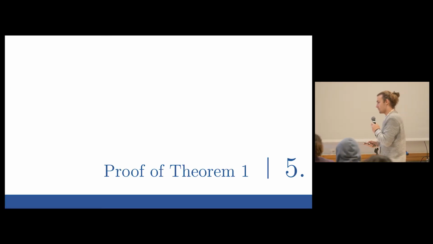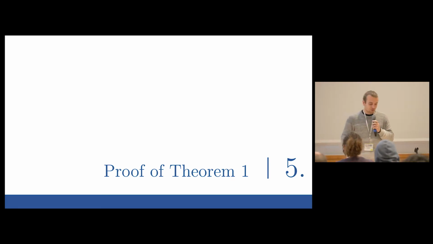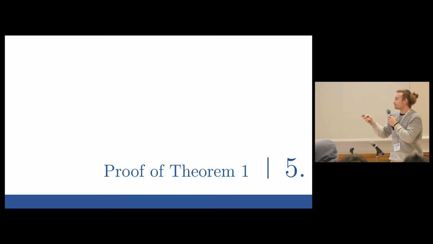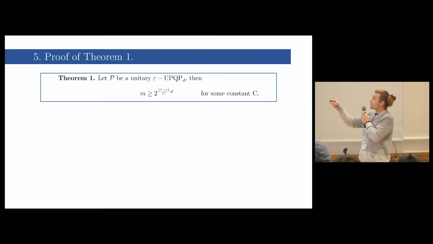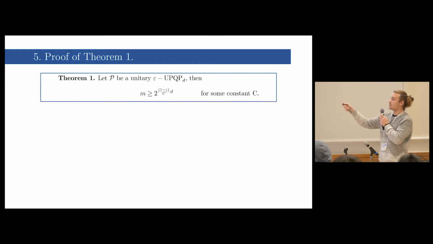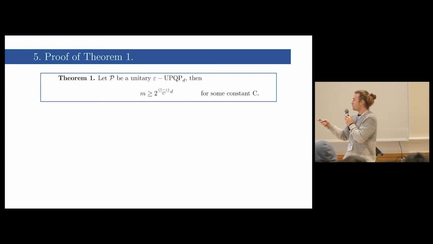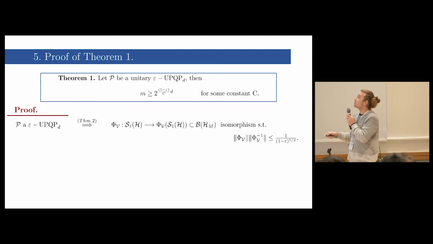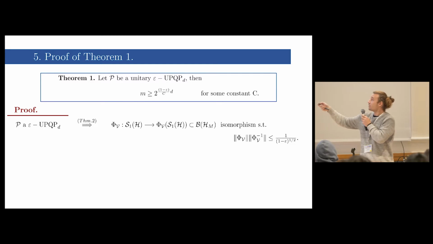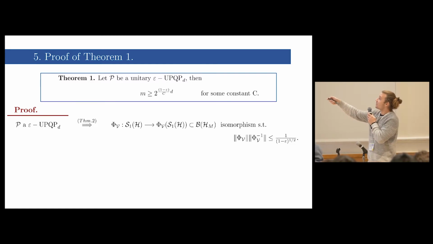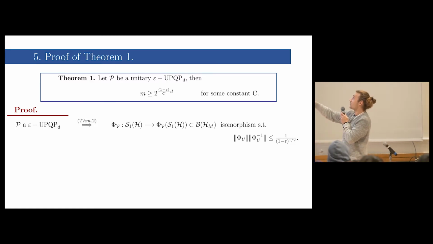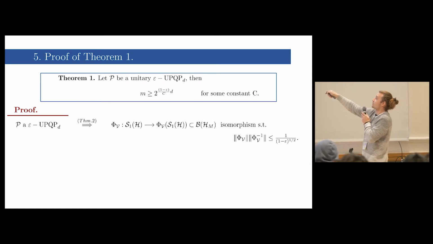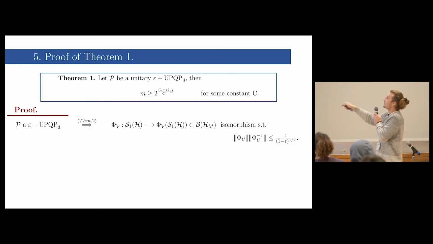Now, the next thing I will do is exploit this characterization to prove our lower bound. We begin by considering some channel, which is a unitary epsilon UPQP, and thanks to theorem 2 of the previous slide, I know that I have an embedding between the trace class operators on H and some subspace of the space of bounded operators on our memory Hilbert space.